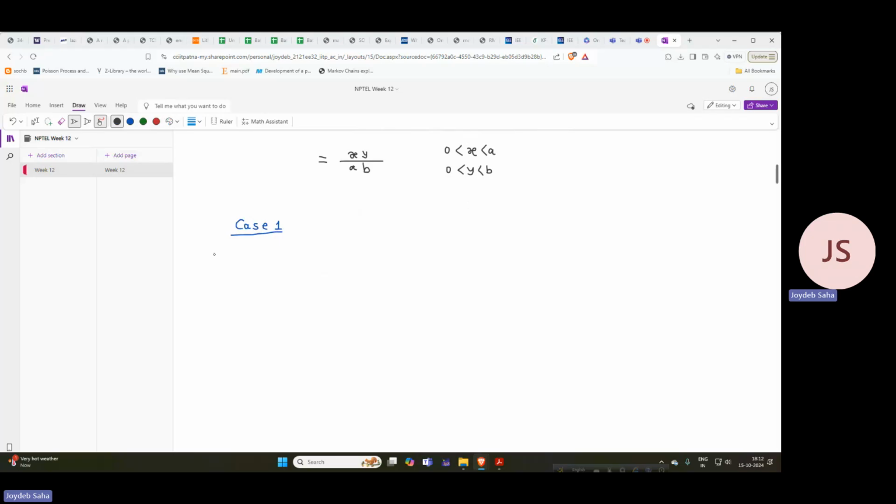Case 1: if 0 less than x less than a and y greater than b.